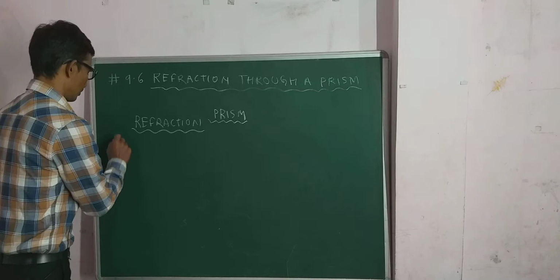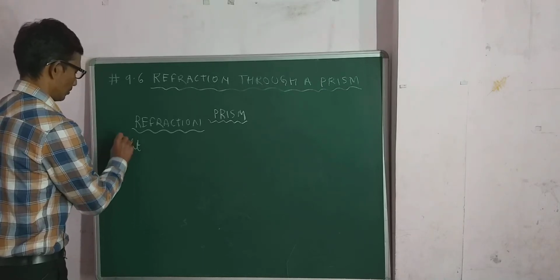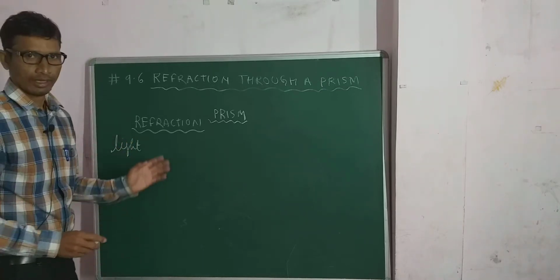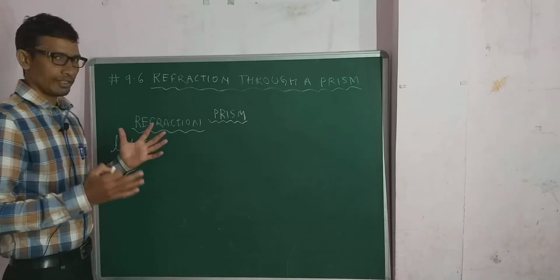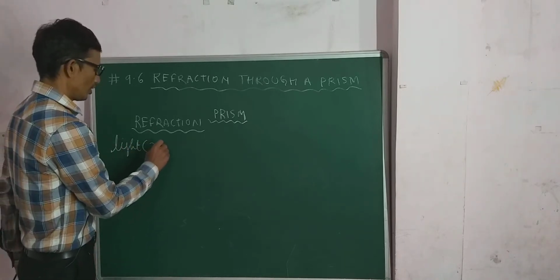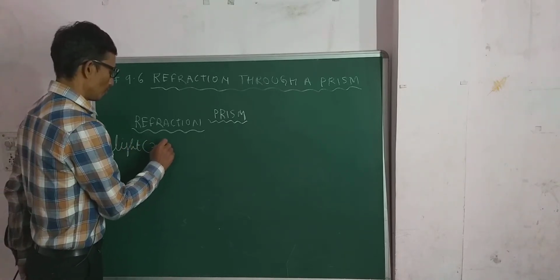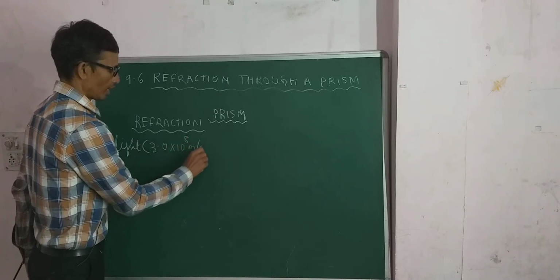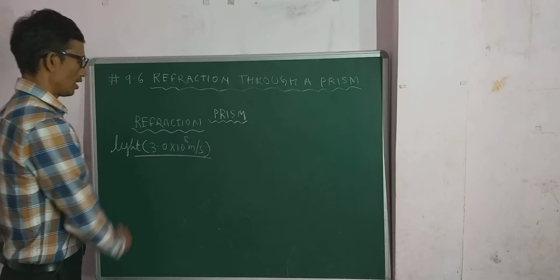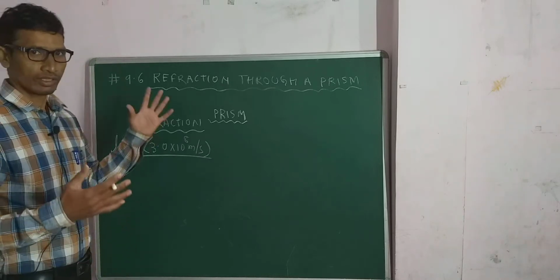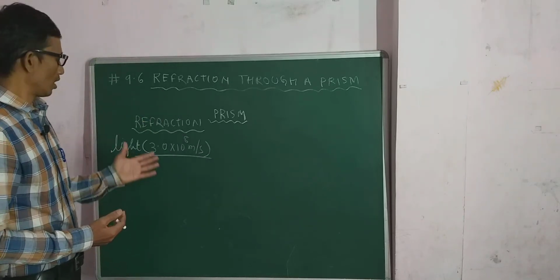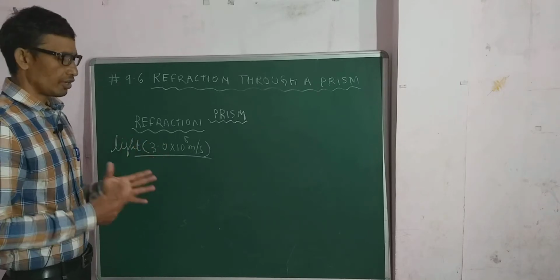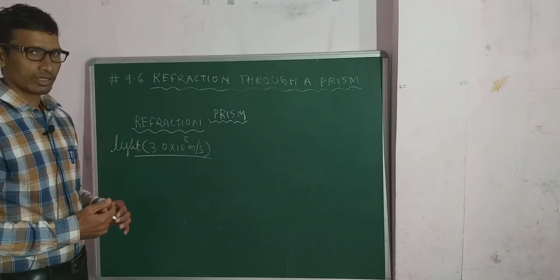Light. The speed of light is 3 into 10 to the power 8 meter per second. Light comes from the Sun. And what is the reason the light comes from the Sun?